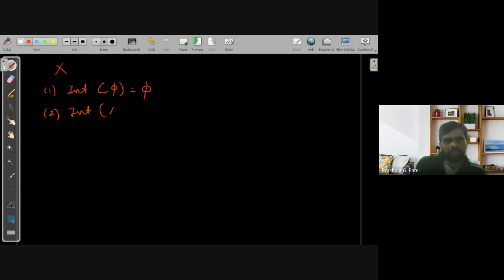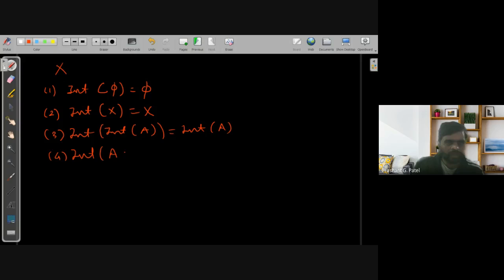Second statement is interior of X is X. Third statement is interior of interior of A is interior of A. The fourth statement is interior of A union B. I'm making space here, so you can fill this space. What will be the relation with interior of A union interior of B? Whether you will have equality, subset, or other sign. You just think for that.